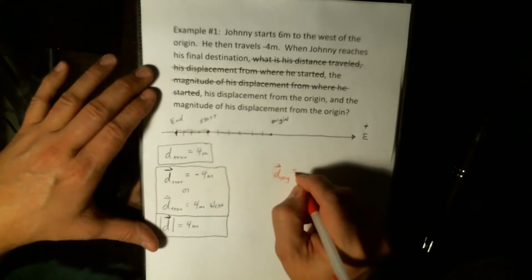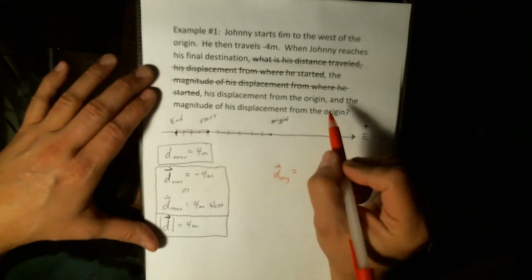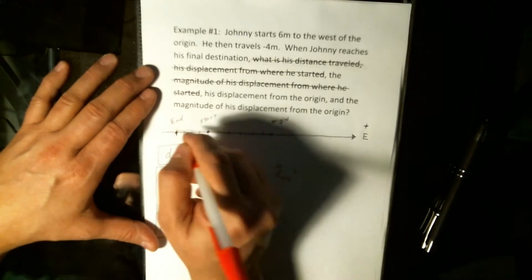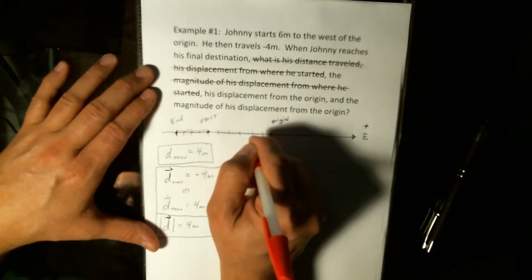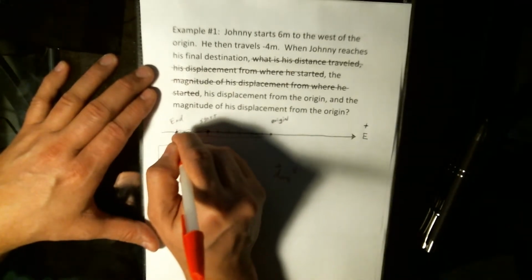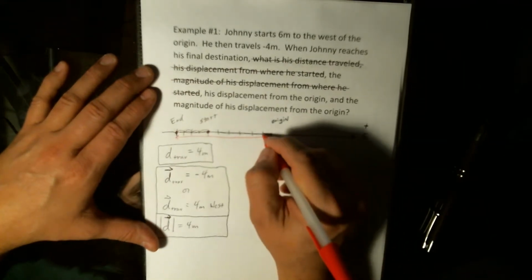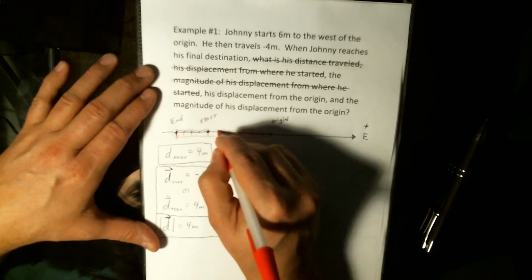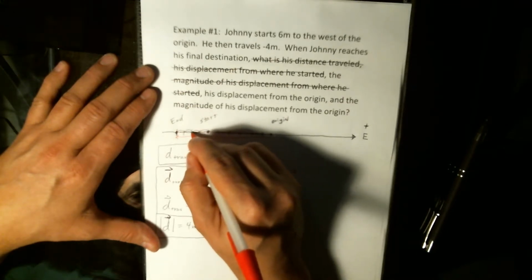What is my displacement from the origin? So that would mean from the origin to my endpoint in a straight line. How far would it be? 1, 2, 3, 4, 5, 6, 7, 8, 9, 10. So I'm 10 away.